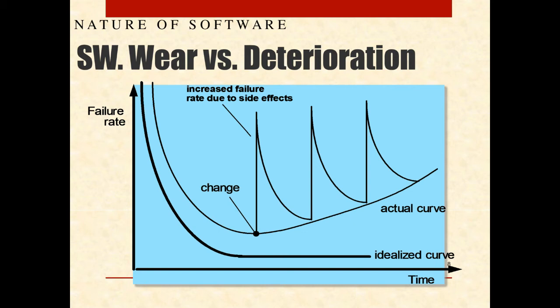But whenever changes are introduced into the software, there will be an increase in failure rate due to side effects. They are to be brought down. Again, by introducing changes, the failure rate increases, which gives side effects, which are to be brought down, and so on. The actual failure curve gradually increases.